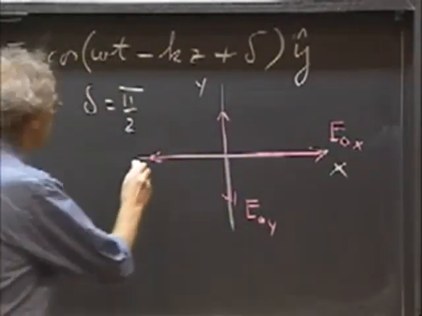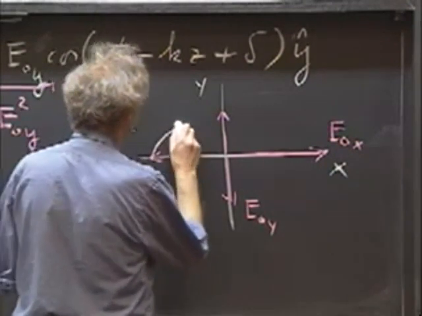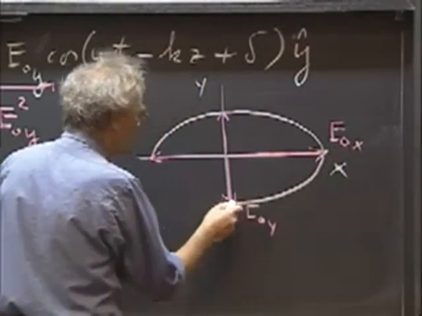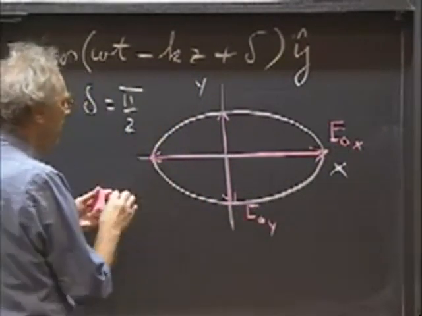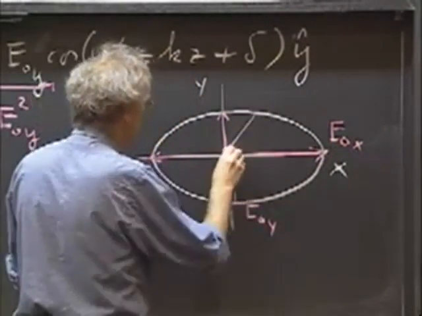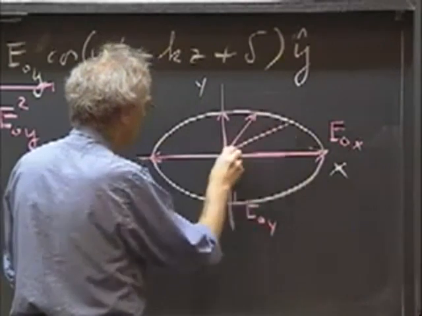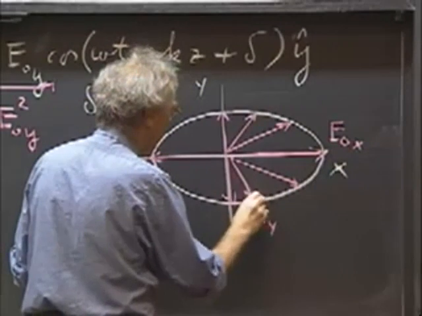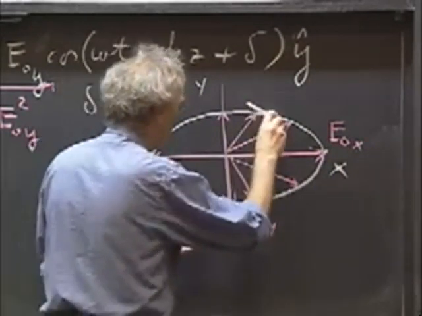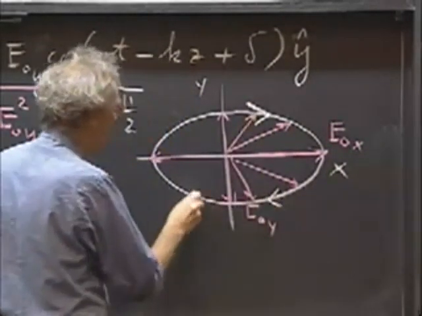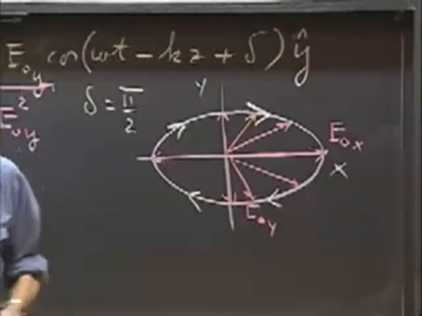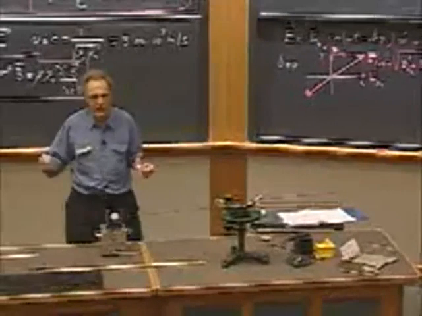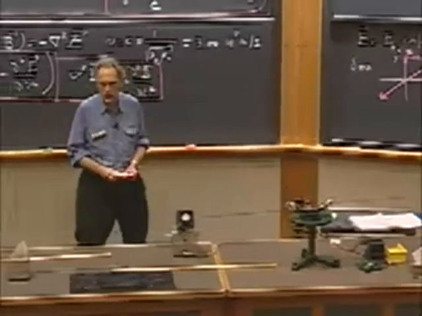So now what you're going to see, there is never a moment that the E vector is 0, but the E vector rotates around in an ellipse. It goes like so, like so, like so, and so on. And so it rotates around like this, and we call that elliptically polarized radiation. There's nothing very special about it. It's a perfect solution to Maxwell's equations.